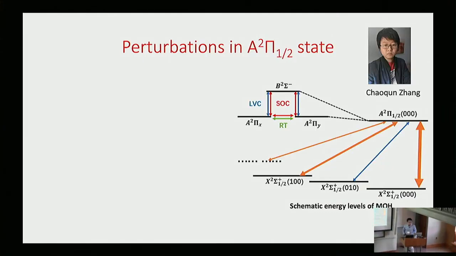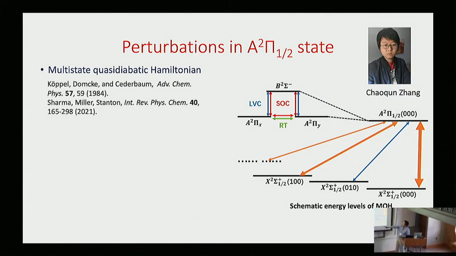So for the computational framework, this is the excellent work of Chaojun Zhang, who is among the audience, who did all the programming work and did all the calculations and analysis. Basically, our computational framework is to use a multi-state quasi-diabatic Hamiltonian, which was developed very early in Heidelberg, and sometimes people, including myself, refer to this as the KDC multi-state Hamiltonian.